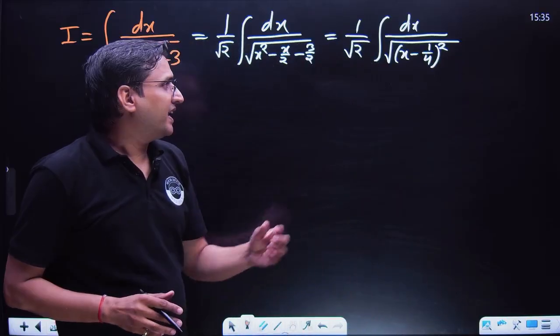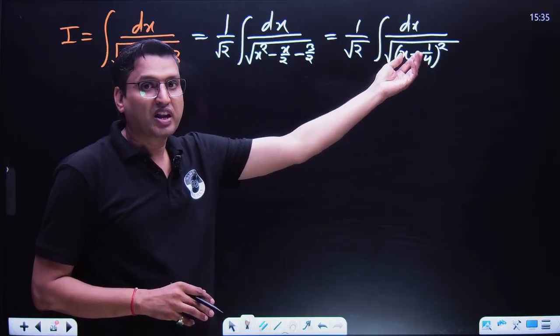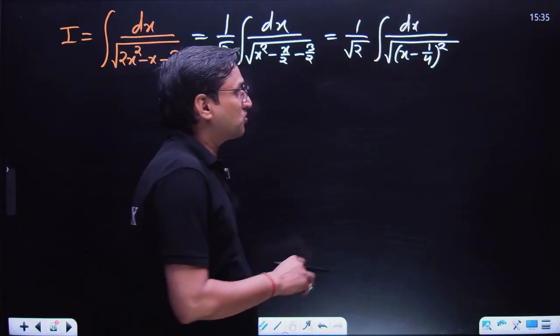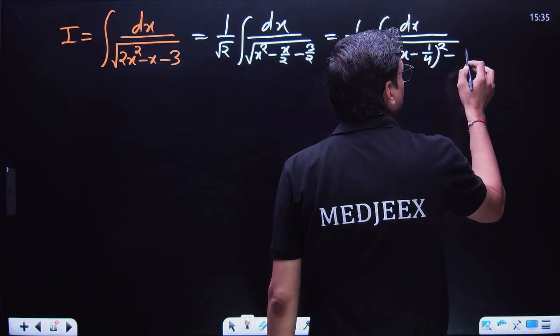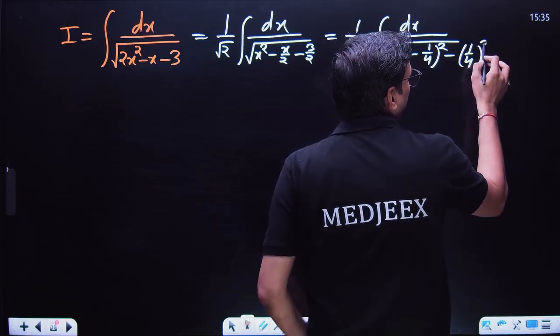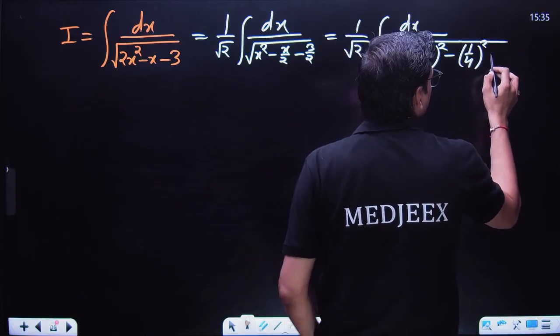Now it is like b by 2a. You have to add the square of this and subtract the square of this. Then this will be minus 1 by 4 squared, that is minus 1 by 16, and plus the other part, minus 3 by 2.